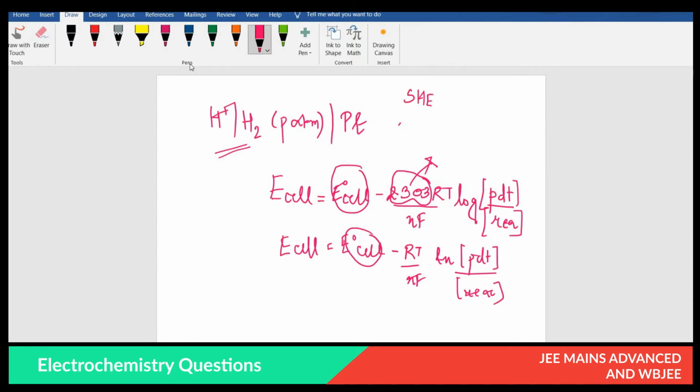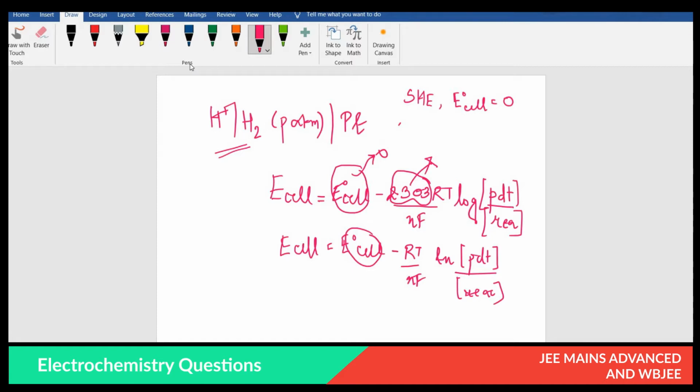For the standard hydrogen electrode, the E0 cell value should be 0, correct? Because it's a reference electrode. So in this question the E0 cell becomes 0, because of which in all the options E cell equal to minus of something is given.